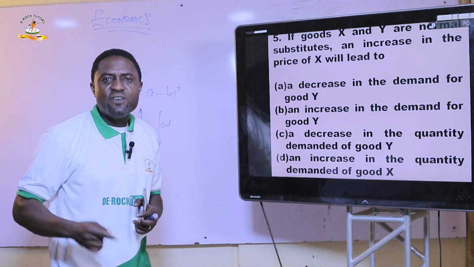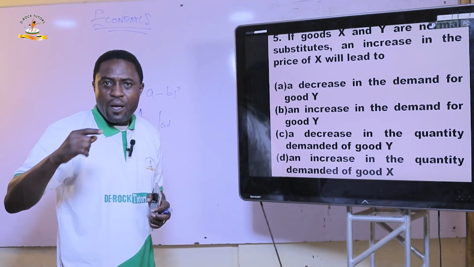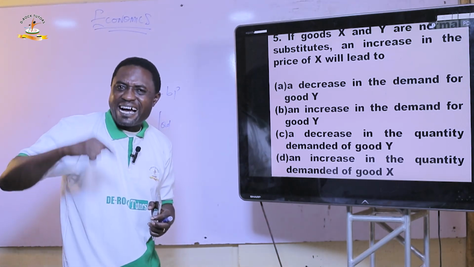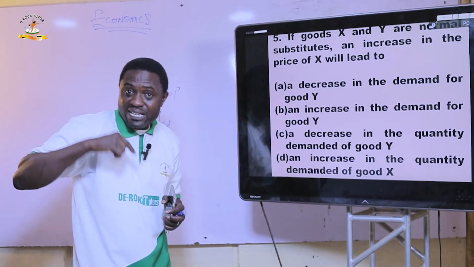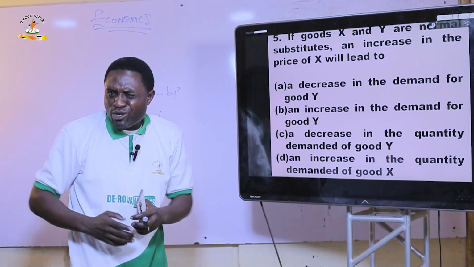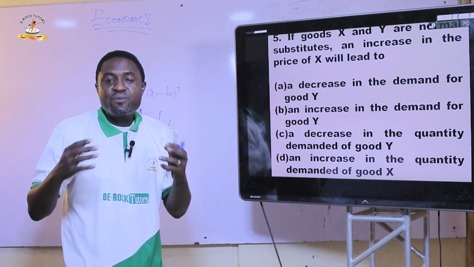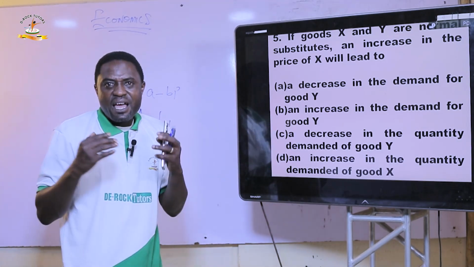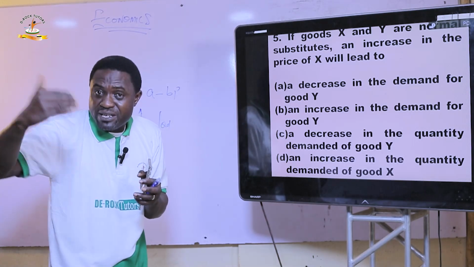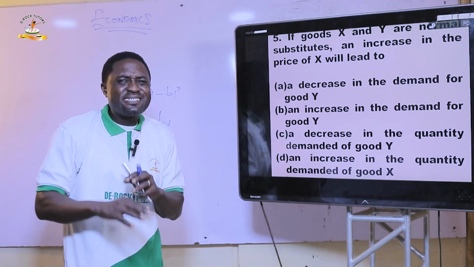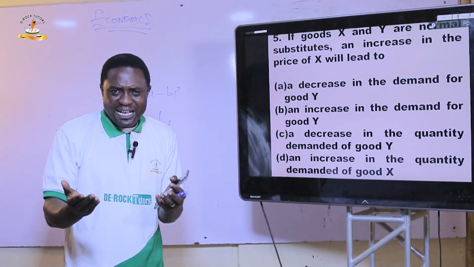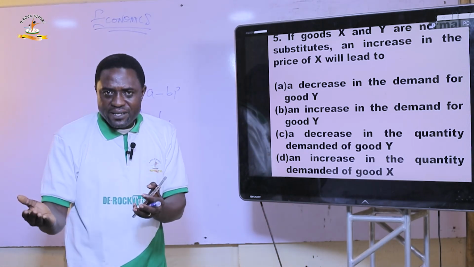Why? Because if there is an increase in the price of X, people will not buy the one that has the higher price. They rather go for the one that has a lower price, because everybody wants to maximize profit, everybody wants to have savings, everybody wants to minimize costs. So it is a normal thing. Like I told you, fish and meat.